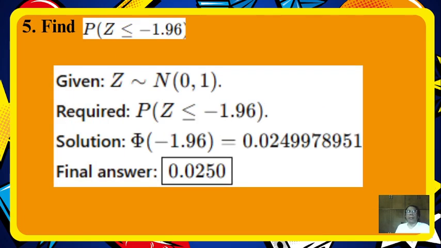Number 5. The probability that our Z is less than or equal to negative 1.96. So our solution, the tau of negative 1.96 is equal to 0.0249978951. And we can have our final answer to be 0.0250.